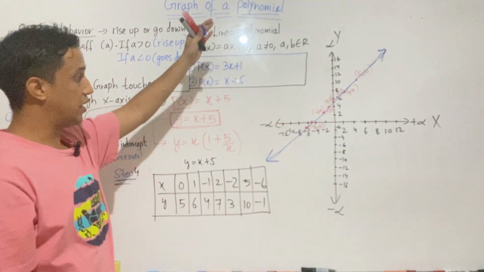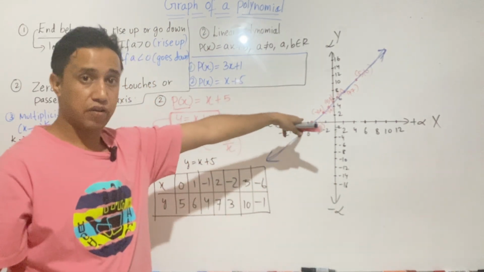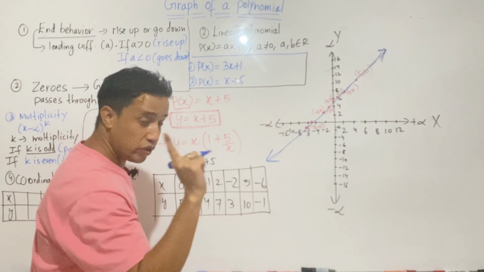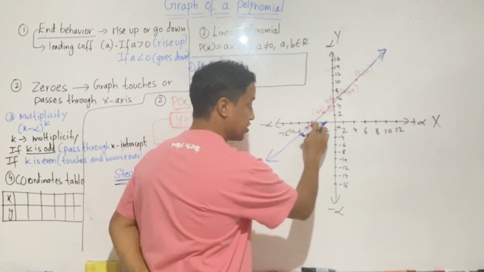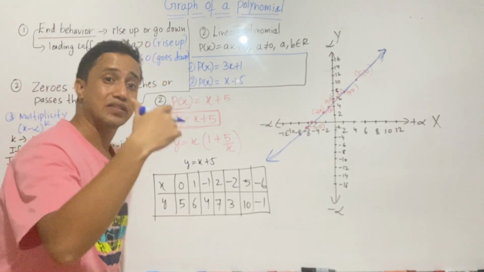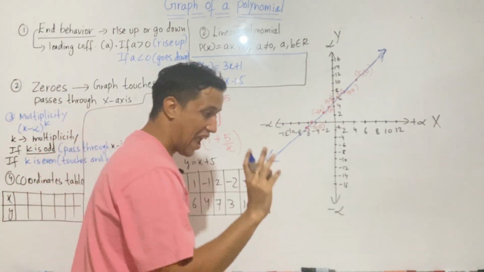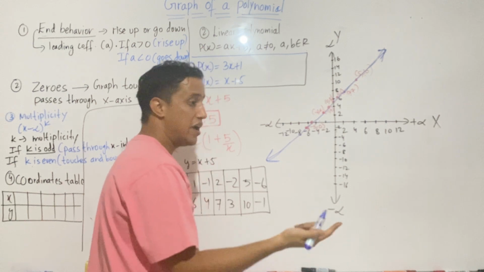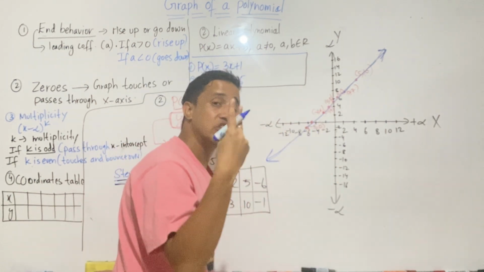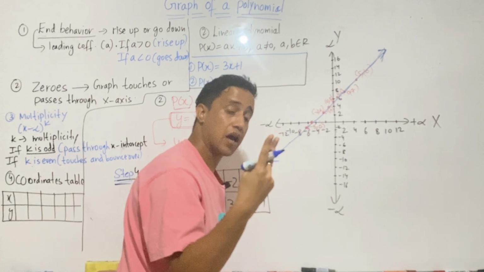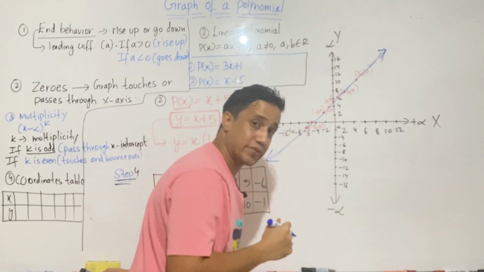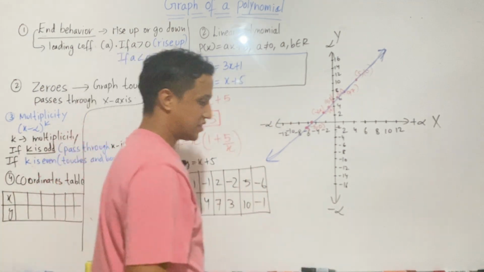So that's what the graph looks like. Now see here, it has only one zero. So zero is the x-intercept where the graph cuts the x-axis. If any polynomial has 2 zeros, it means the curve will cut the x-axis 2 times. Understand? If 3 zeros, 3 times. Okay? So I hope this is clear.